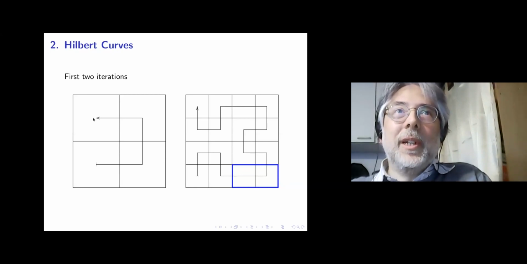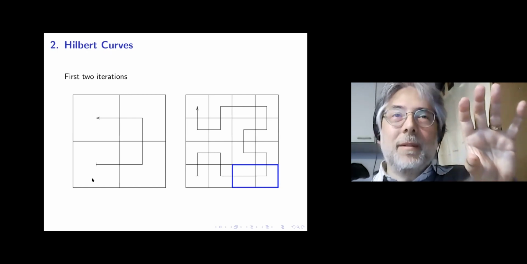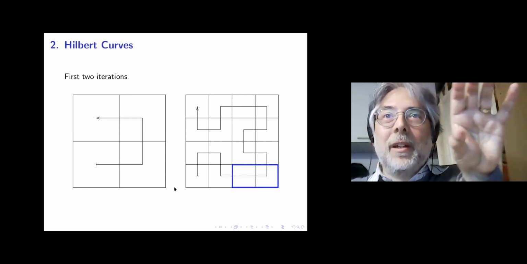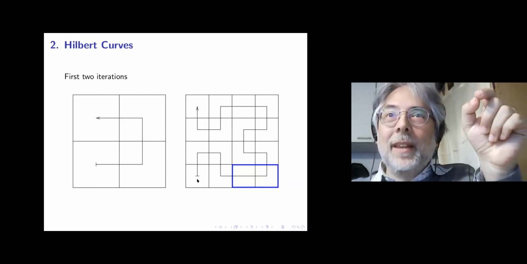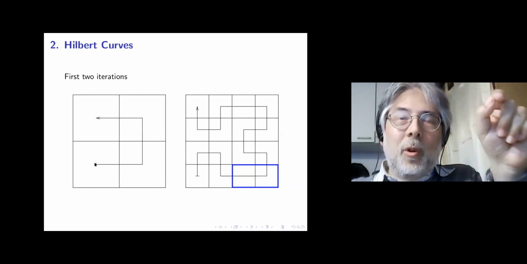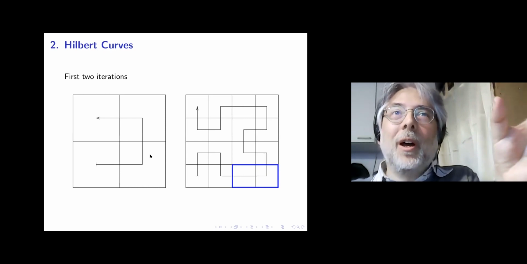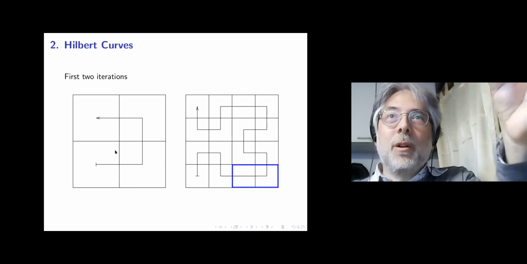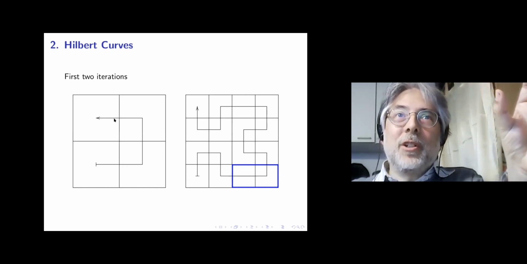That's the first iteration, a curve on a coarse scale. And then the next iteration, you subdivide each square again, and then you follow coarsely this short segment with another copy, rotated and reflected, of this first iteration Hilbert curve.